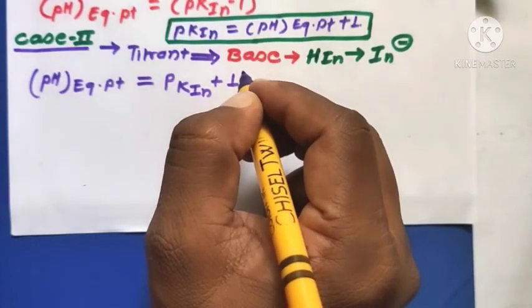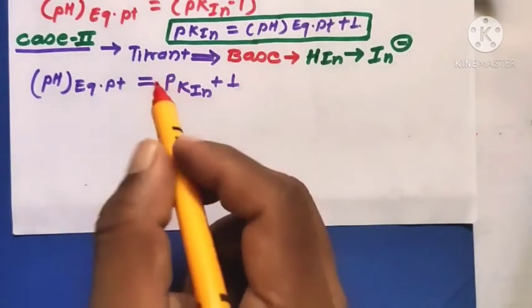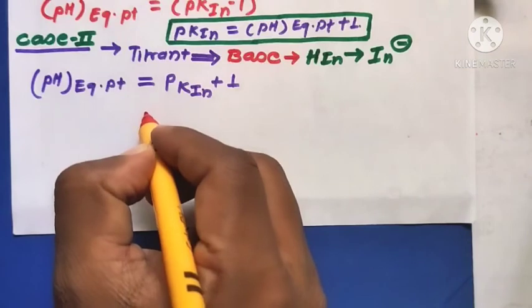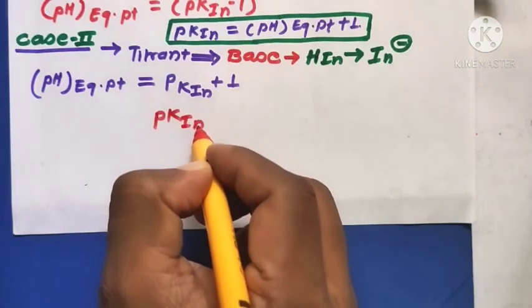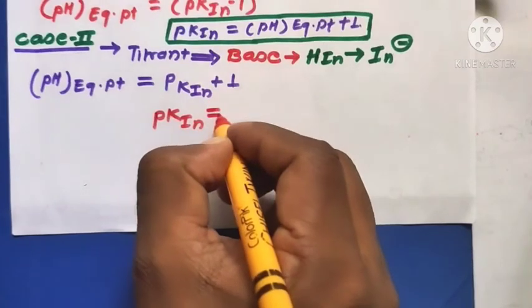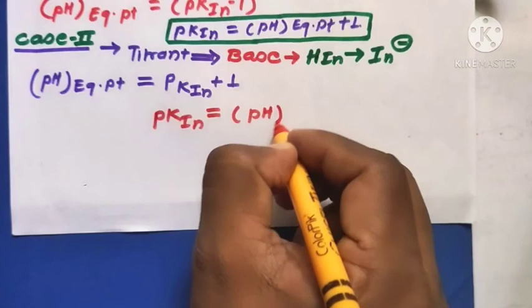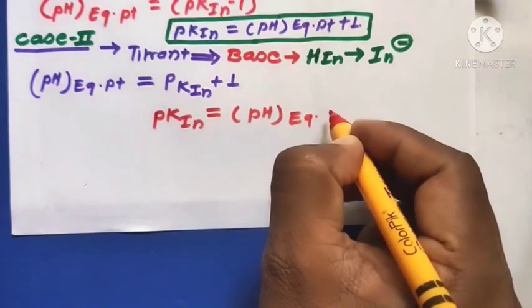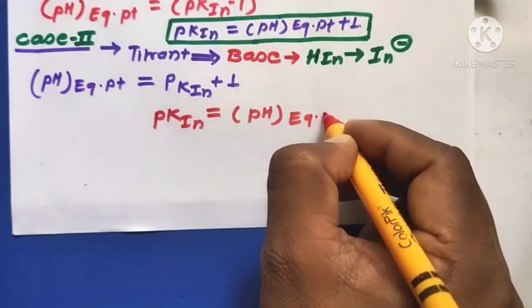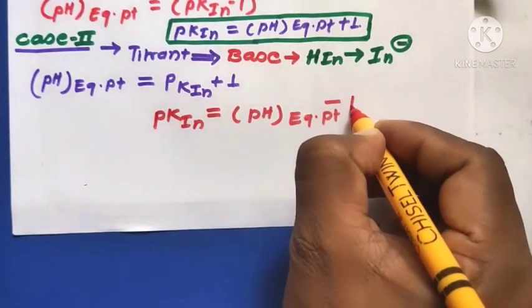For the titration, that indicator should be chosen for which pKin is equal to pH at the equivalence point minus 1.